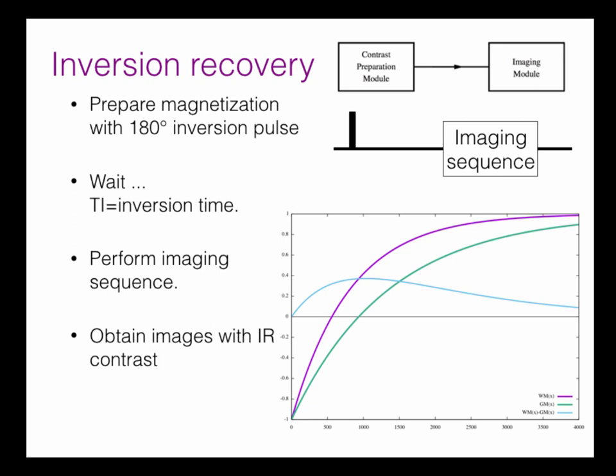If we choose to image somewhere up here, we get quite good grey matter, white matter contrast. So if we do the inversion pulse and wait something like 700 milliseconds, which puts us around this peak value, and then do our imaging sequence, we should see nice grey matter, white matter contrast.